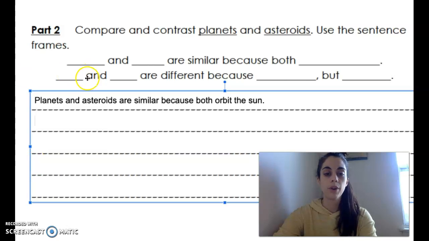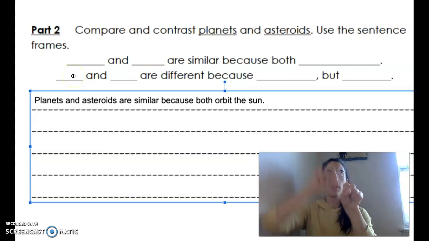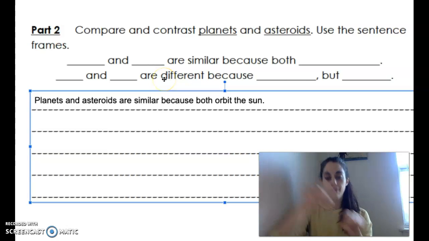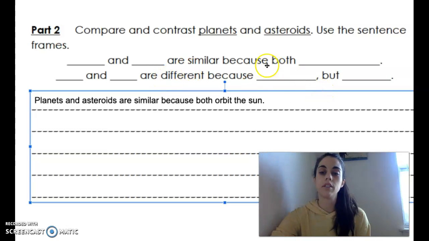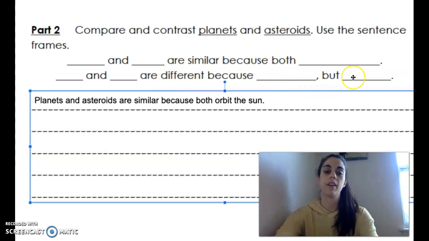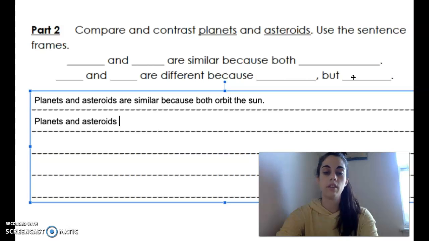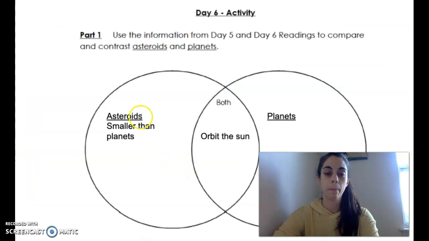Okay, great. Now we're going to use this sentence to contrast. Blank and blank are different because blank but blank. So again, we're comparing and contrasting. Planets and asteroids are different because, so now I have to choose a difference.